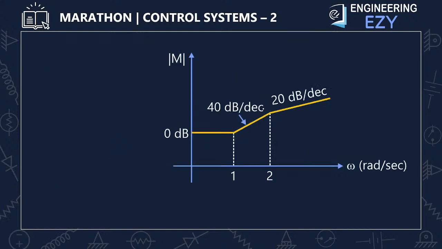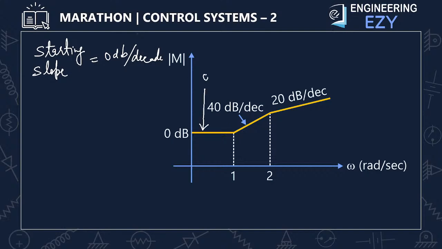So starting slope of the Bode plot is 0 dB per decade. And if the starting slope of the Bode plot is 0 dB per decade, this line has the slope 0 dB per decade.